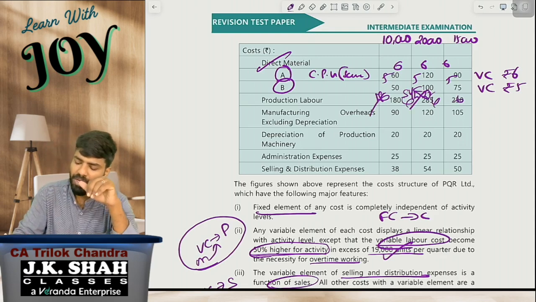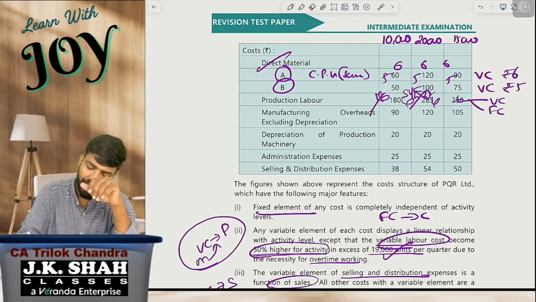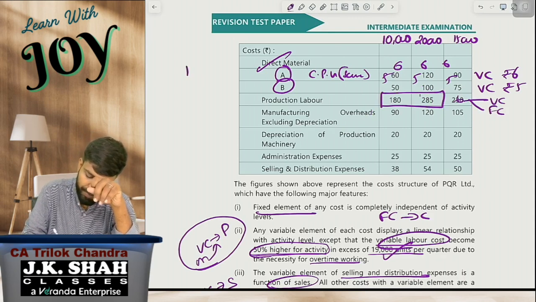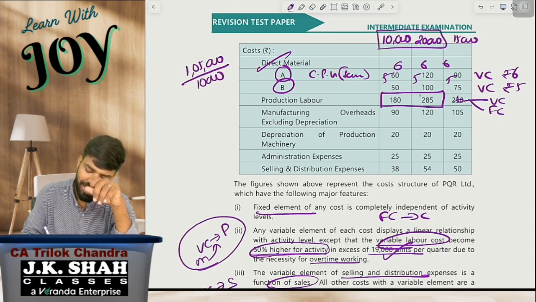Such semi-variable cost, we need to classify into variable cost and fixed cost. How to do that? Let me take the first two. Change in cost, 1 lakh 5,000, divided by change in units, 10,000, gives 10.50 variable cost.